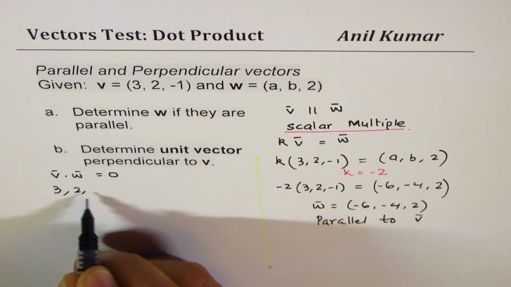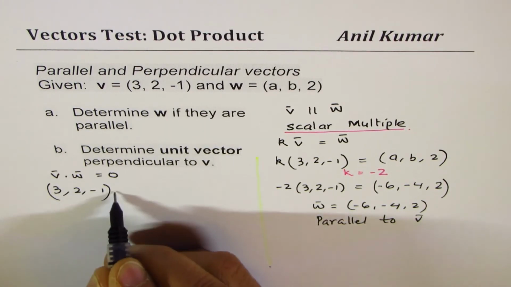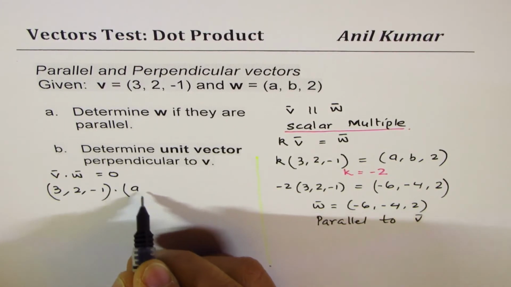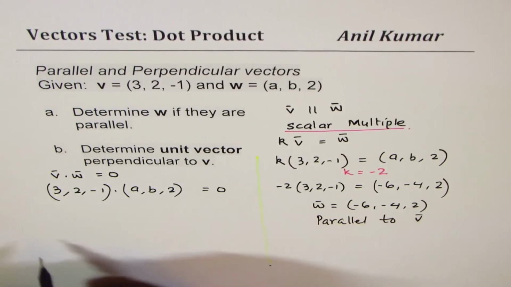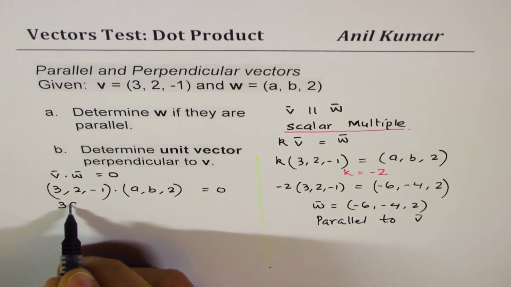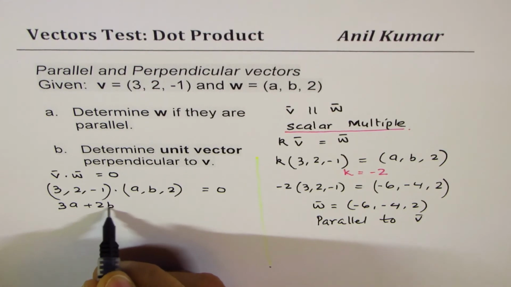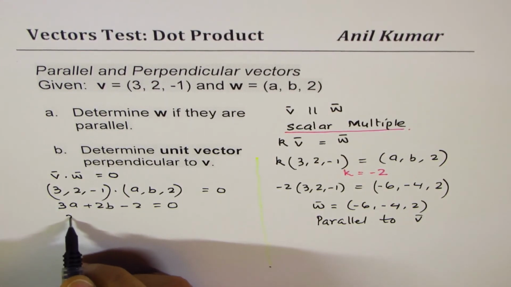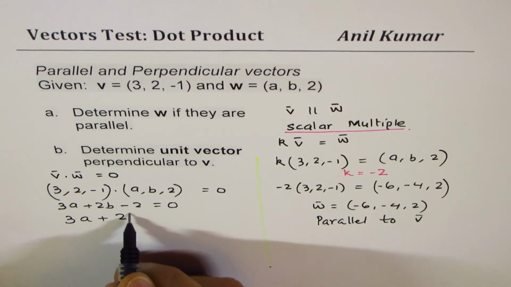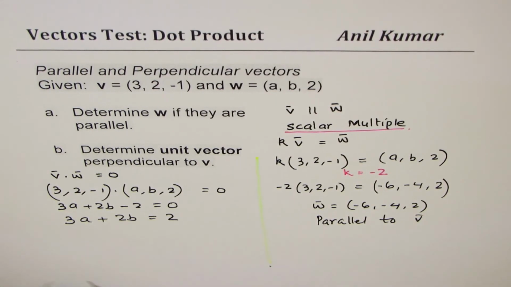So we have 3, 2, minus 1, dot product with a, b and 2. We have to equate this to 0, right? So that means 3a plus 2b minus 2 equals 0. And that gives us 3a plus 2b equals 2.